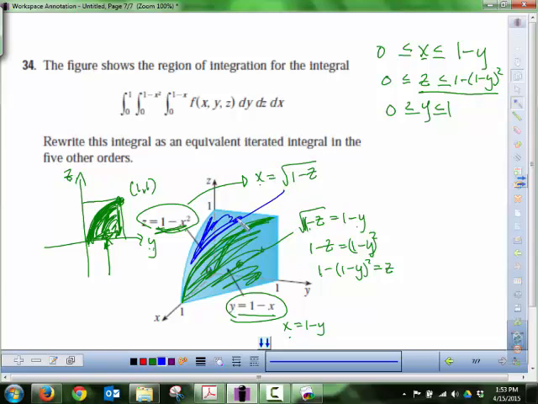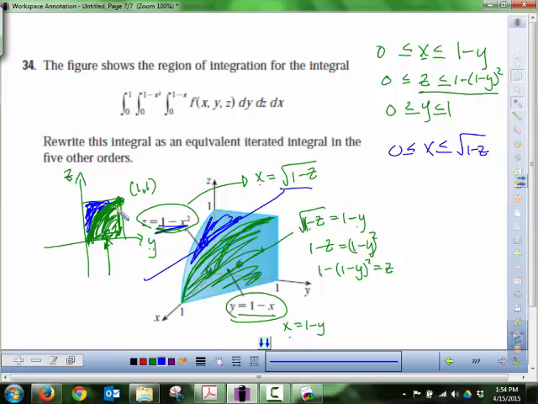And so now if we draw a line parallel to the x-axis, we would go from 0 to, I need to solve for x there. Oh, it's right here. Square root of 1 minus z. So now, if that's my x, I'm restricting my x area to just be this.